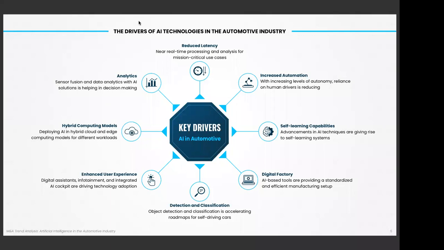And it's causing an increase in road accidents and a whole lot. So, one part in this automation that is driving artificial intelligence in the automotive industry is to reduce the dependence or reliance on human drivers so that we all will be safe, not necessarily 100% safe, but at least we know a machine is trained and its efficiency is higher. So that's one aspect that is driving artificial intelligence in the automotive industry.